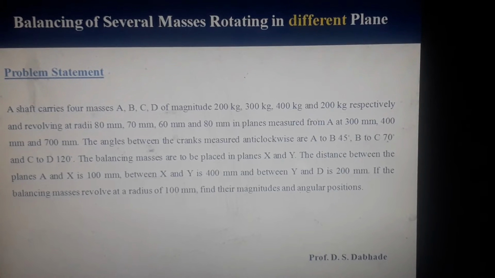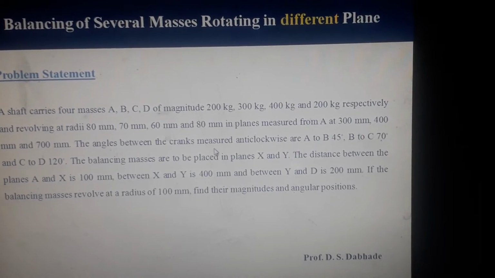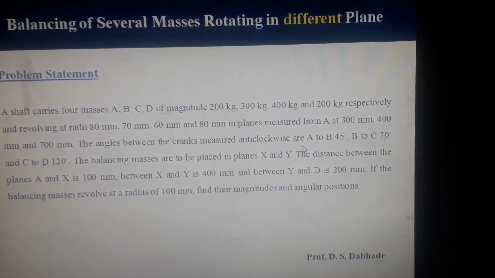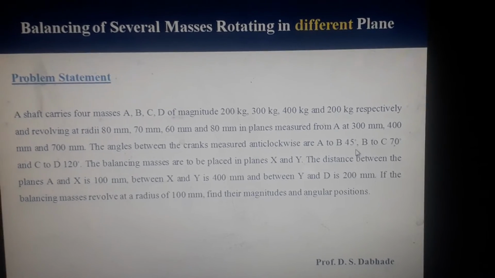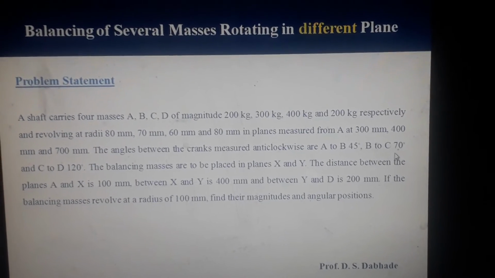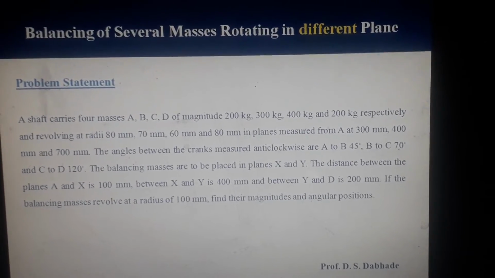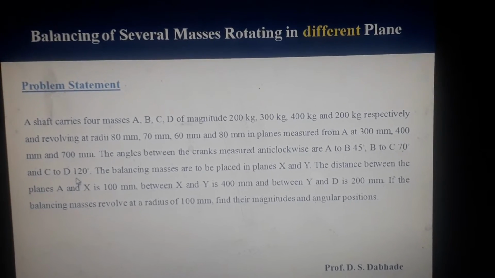The angles between the cranks measured anticlockwise are A to B 45 degrees, B to C 70 degrees and C to D 120 degrees.